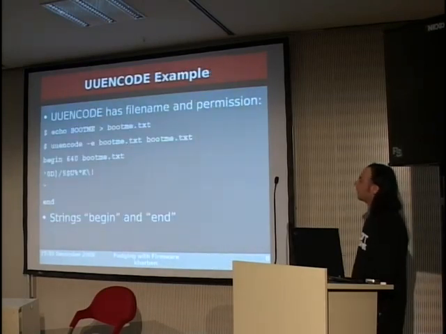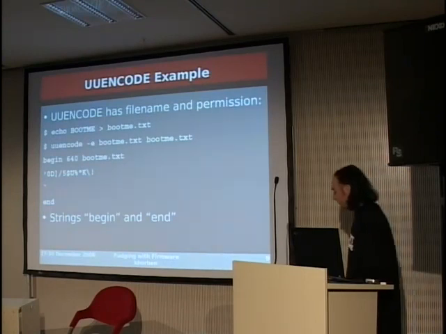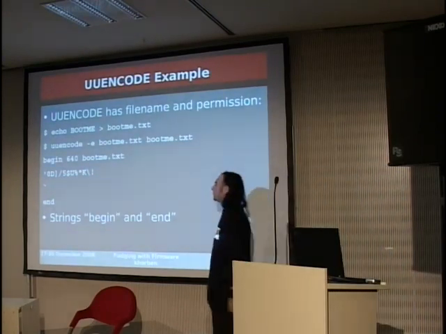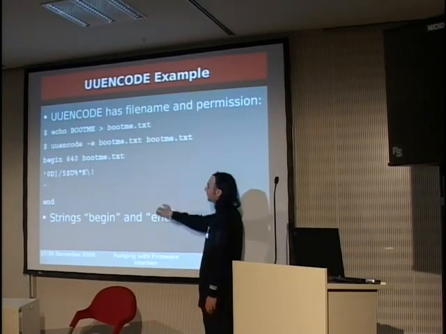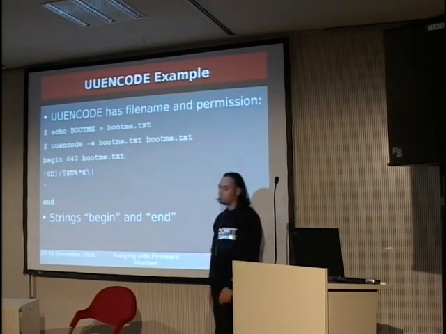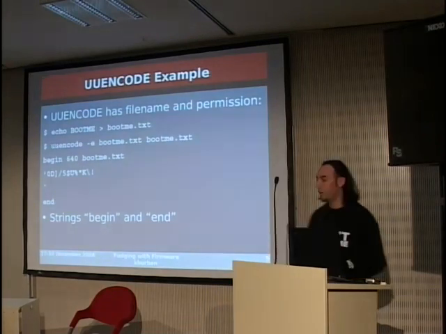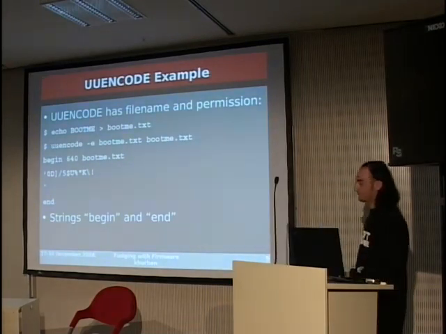For instance, uuencoding goes like this, and you can even have more information than just the encoding. Usually you have the string begin, a permission number, a file name, and then a string end. So you can recognize directly if it's the official uuencode format.